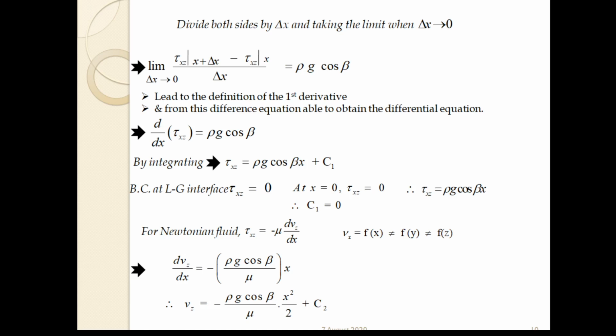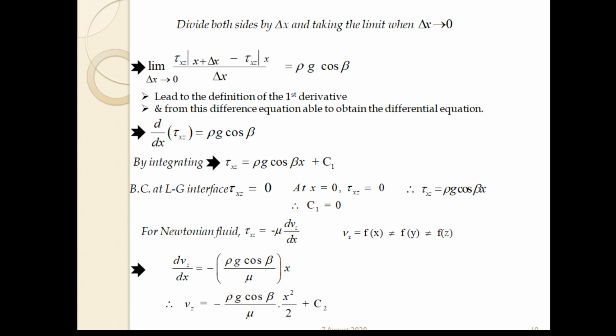So from these two, if we rearrange, we get dvz/dx equals minus rho g cos beta upon mu multiplied by x.